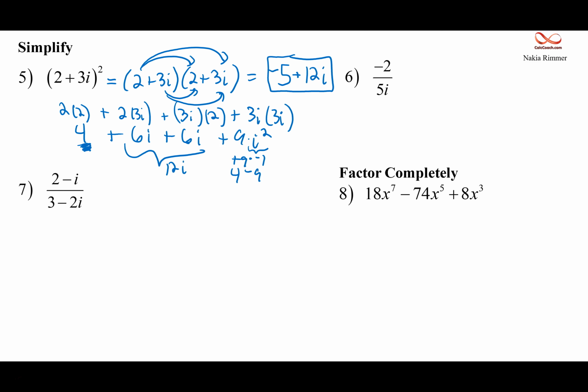You cannot have the square root in the denominator. You know, i is equal to the square root of negative 1, and so i squared is equal to negative 1. And that's what we're going to do. When we're dividing, we want to divide by a real number.